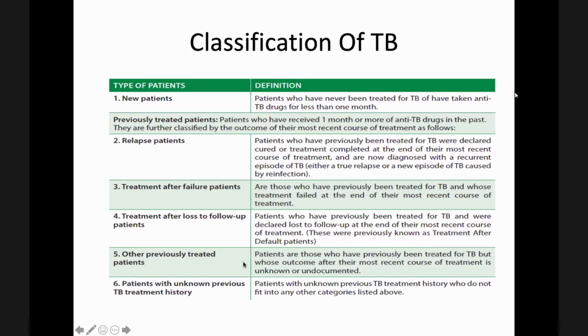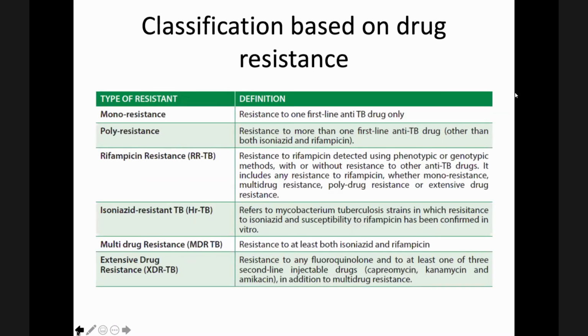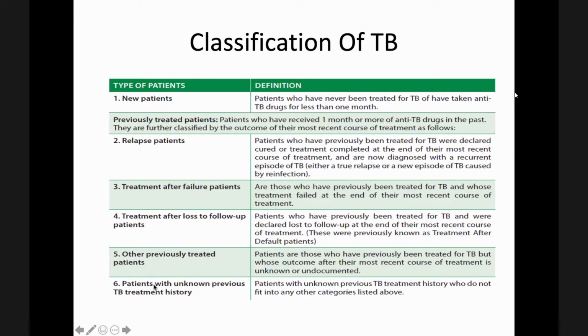And a patient with unknown previous TB treatment history is one who does not fit into any of the categories listed above. This is how you define the different types of patients for the classification of tuberculosis.